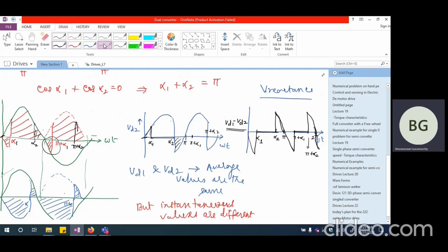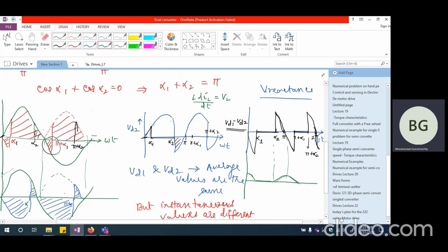Depending upon the voltage value across the reactance, L di by dt, where i is the inductor current, is the voltage across the inductance. Whenever you have a negative value, the current will be falling. Whenever you have no voltage, you may have no current or very minimal current. When you have a positive voltage, the current will be rising, then it will be falling.